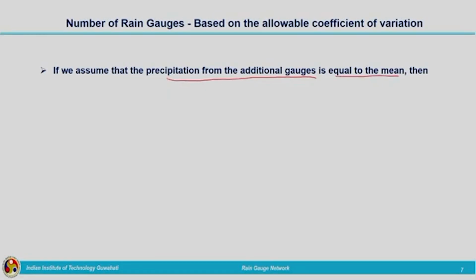Mean we have already calculated, and we are assuming extra rain gauges will be providing rainfall equal to the mean. After that, we will be making use of this formula. N desired is equal to (CV existing divided by CV desired) all squared, multiplied by N existing.